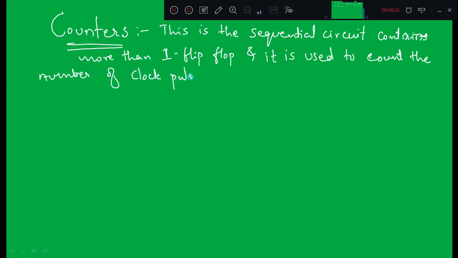So we will continue with this counter in the next class.